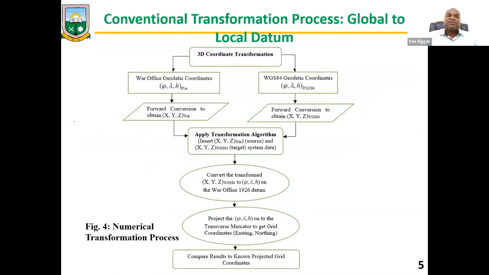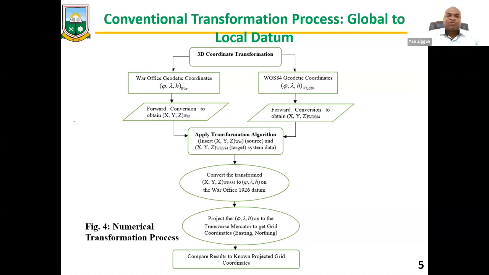Now let's look at the conventional models, the transformation procedure. First of all, before you can perform coordinate transformation, there is a need for you to have what we call common points. So now let's give a typical scenario. I work in a mine, and the mine is using its own coordinate system that is different from what we are using in Ghana.